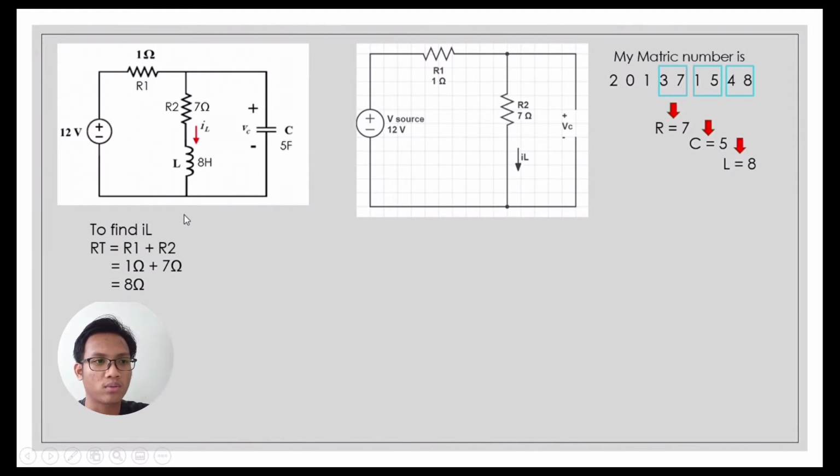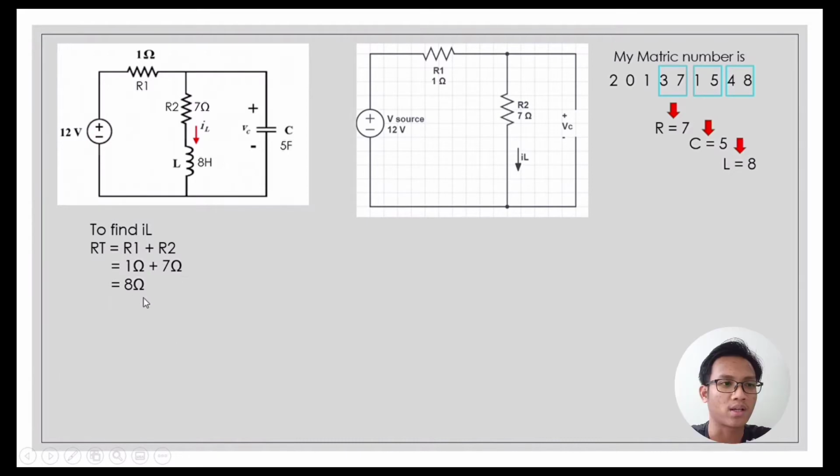R1 plus R2, 1 ohms plus 7 ohms equal to 8 ohms. Next, we need to find I total. V over R, 12 over 8. The answer is 1.5 ampere. The value for IL is equal to I total. So, the answer is 1.5 ampere.